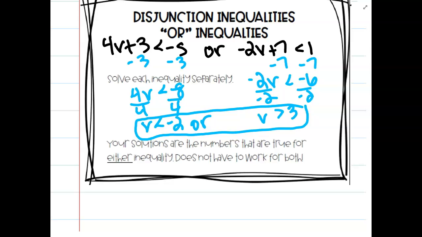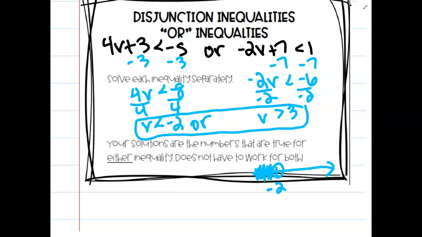Now remember, when we shaded our streets, I shaded all of Central and I shaded all of Tyler, because I said you could be on Central or Tyler. So for this one, these are super easy to graph. Any number that's less than -2, since it's just less than, it's going to be an open dot, and I shade to the left.